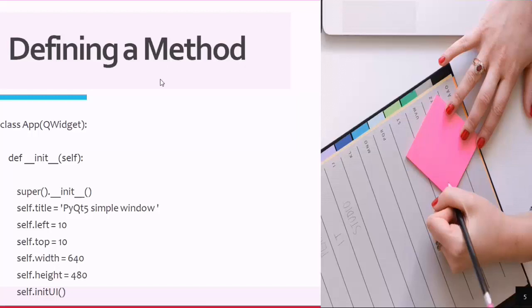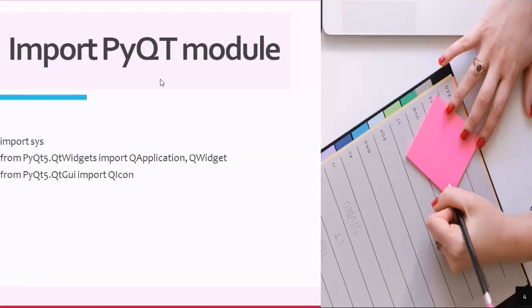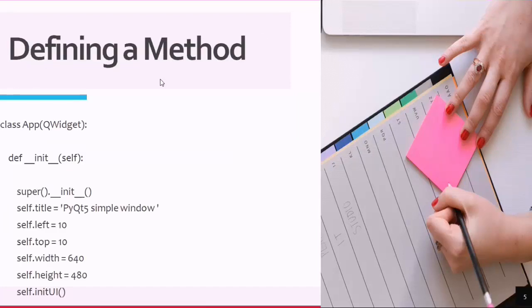So here we go. As we follow the common rule, first we create the class. I have defined the class name as App, and inside the parentheses I have called QWidget, which I have imported from pyqt5.QtWidgets. Then the method has been defined as initialize, using def __init__, and inside that the self keyword.